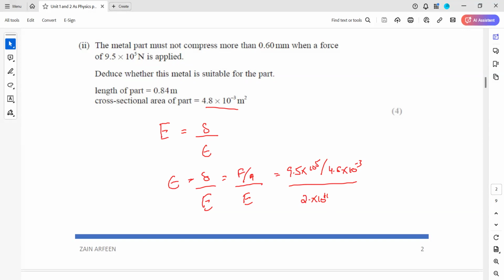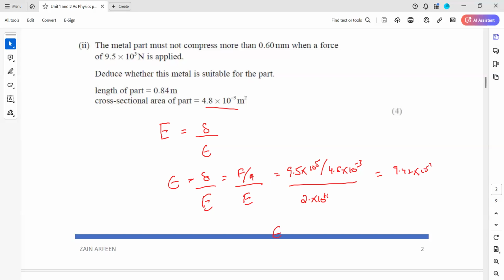After working out the strain, say the strain from this is 9.42 into 10 to the power minus 4. That's the strain.